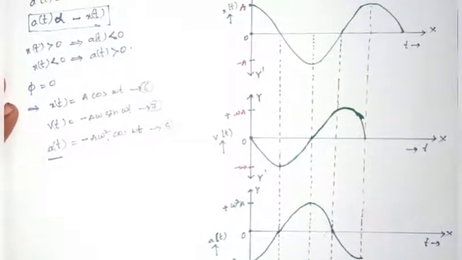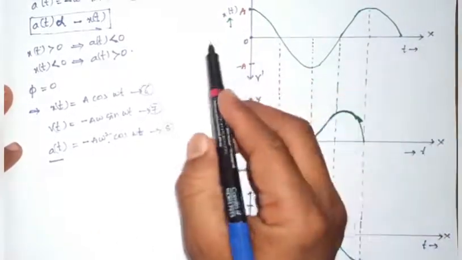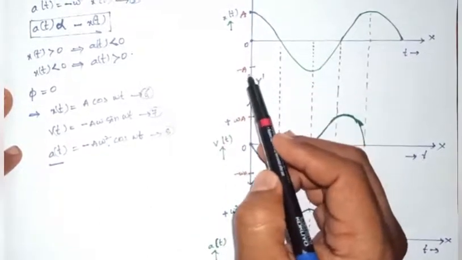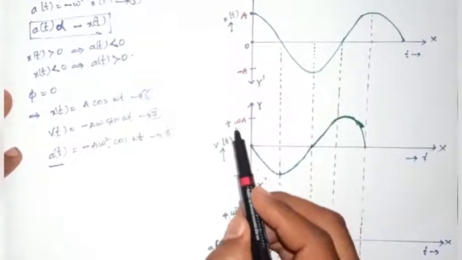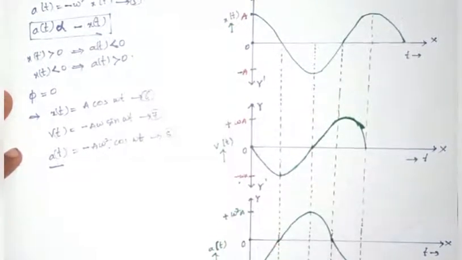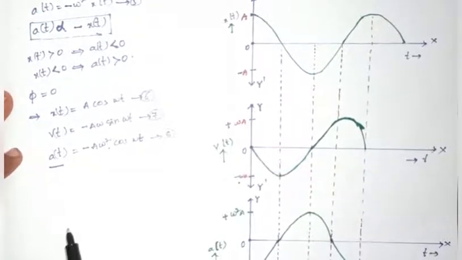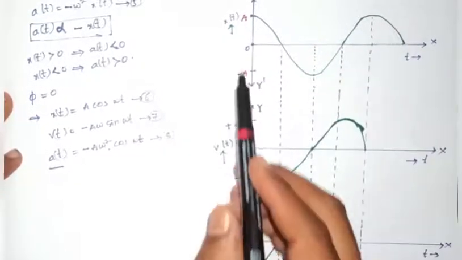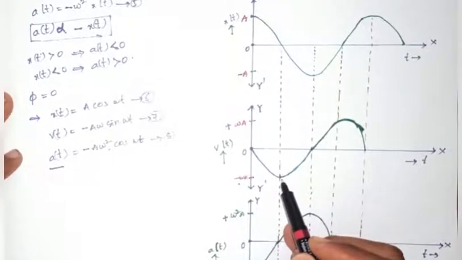So these vary from positive to negative maximum amplitude, velocity from plus omega a to minus omega a, and acceleration from plus omega square a to minus omega square a. Next we will take the phase angle between displacement and velocity, which is pi by 2.